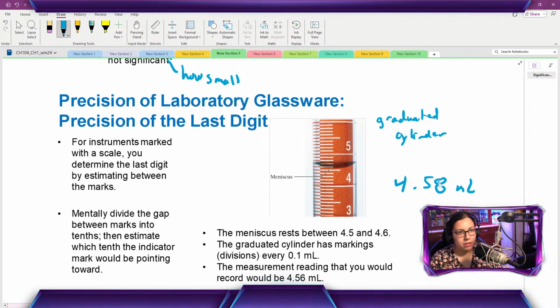That's your uncertain digit. And that's where we get that this measurement has 3 sig figs. When you go on to do calculations with this number, like calculating density, like you practice in your online lab, that's why you want to keep consistent with your measurements.